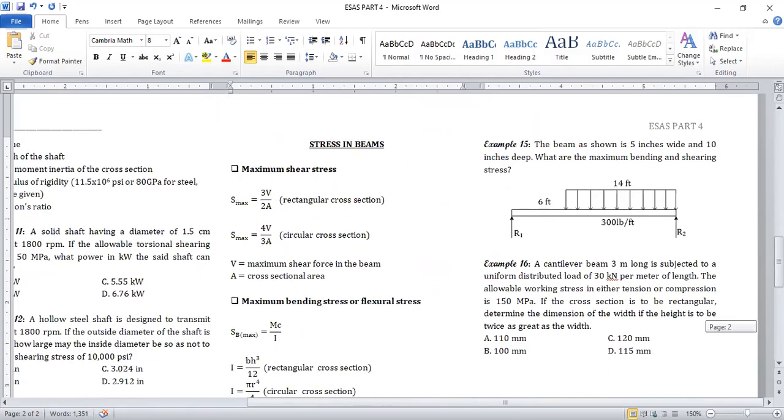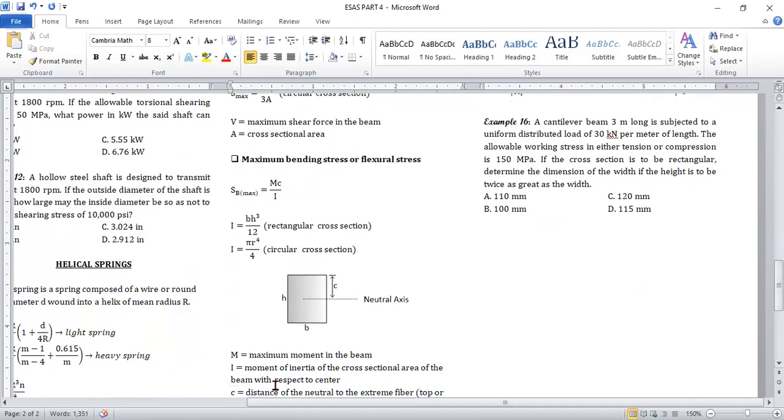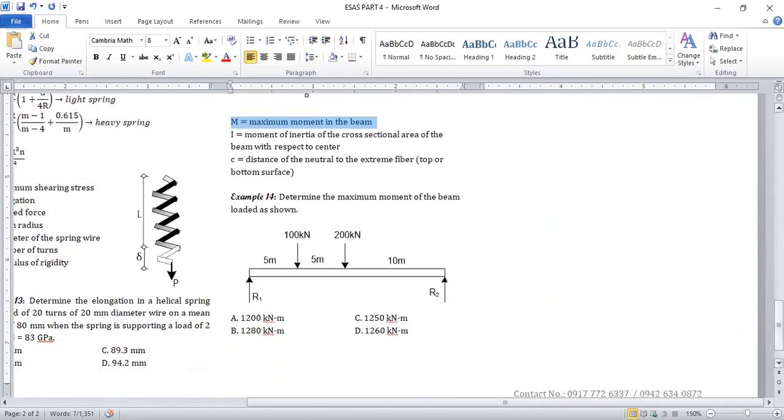So if we try to look at, so the maximum moment is given by, I mean, the variable M. Okay, so we will be creating in item number 14 the moment diagram of the beam. Okay, so this would be for problem number 14.